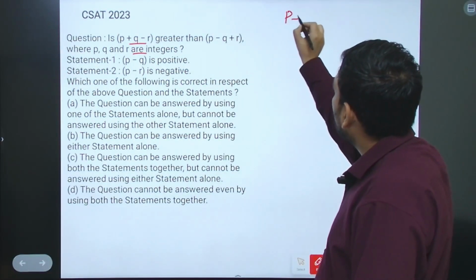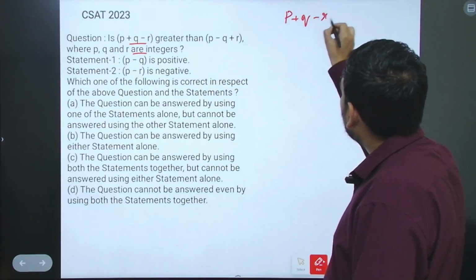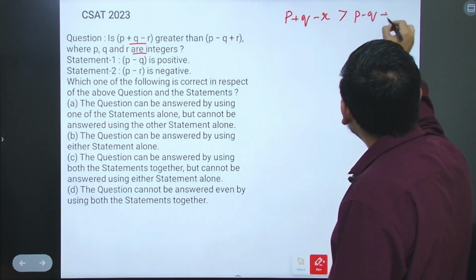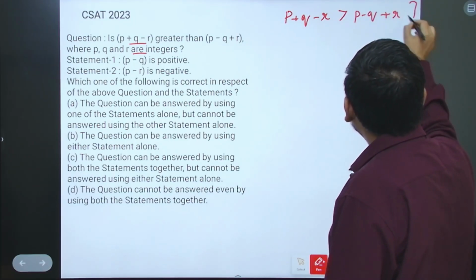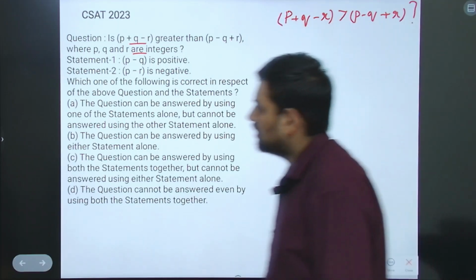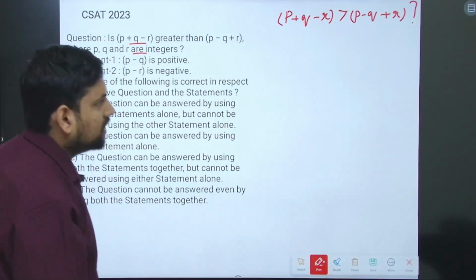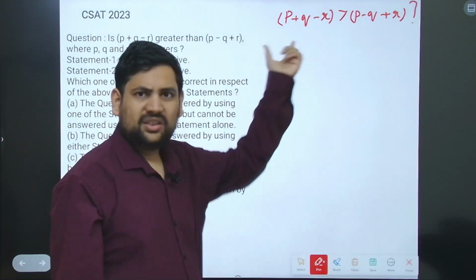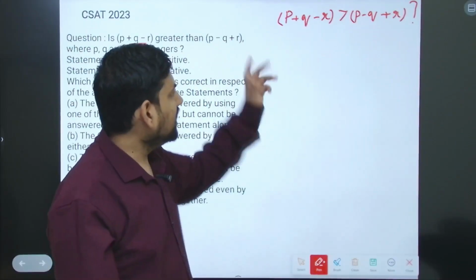Always a good habit. P plus Q minus R, is it greater than P minus Q plus R? This is the question. Is this greater than this? Then we are using statements. So first let's try to simplify this only. That is what it is trying to ask me. Why is this so difficult?